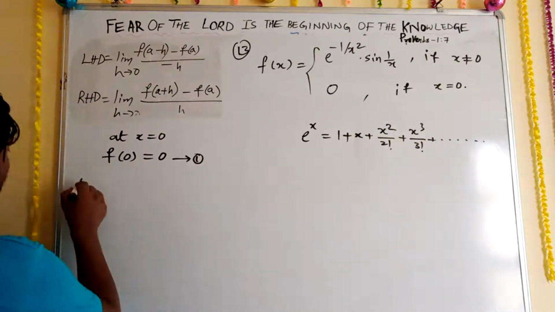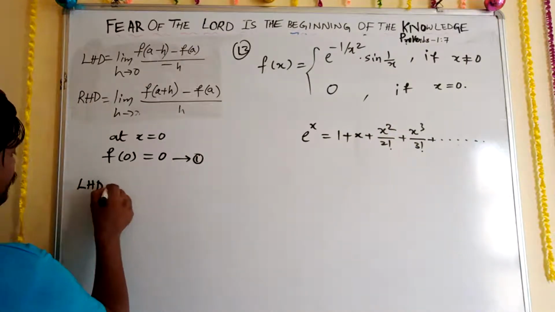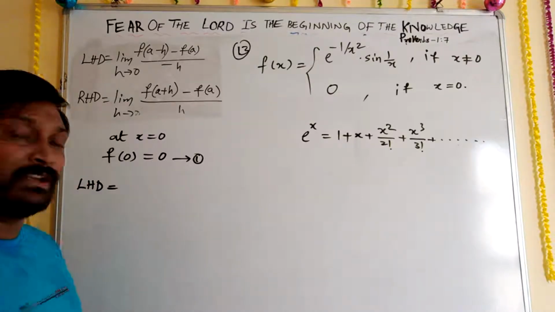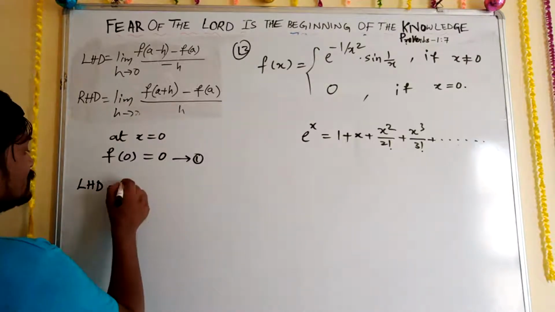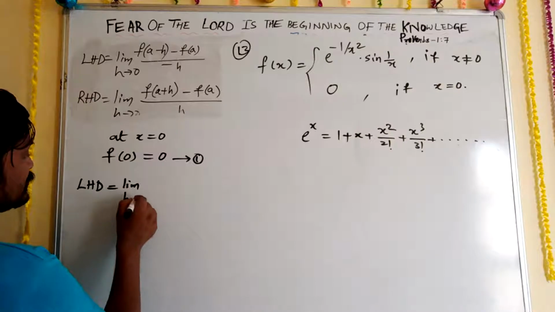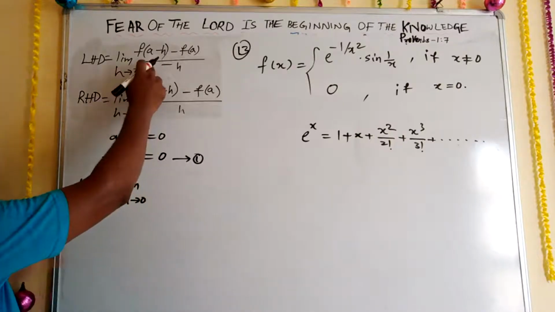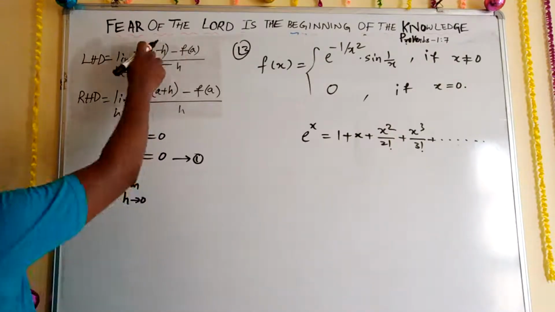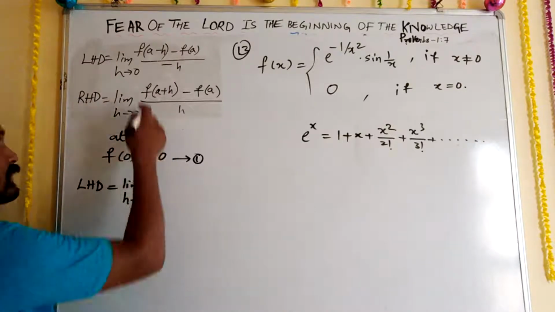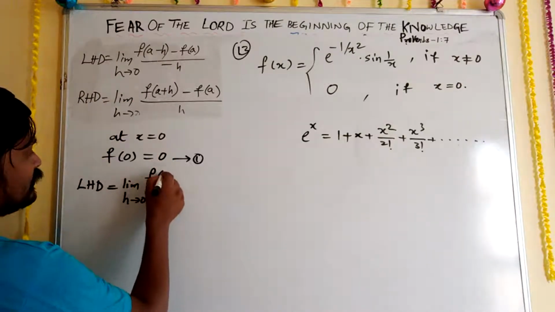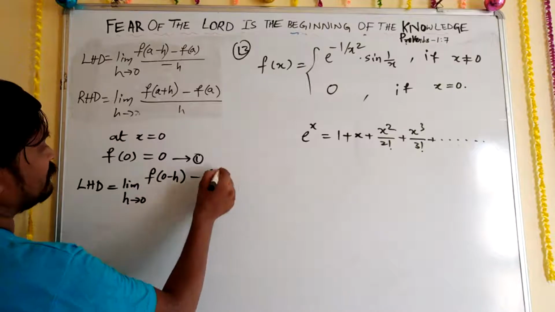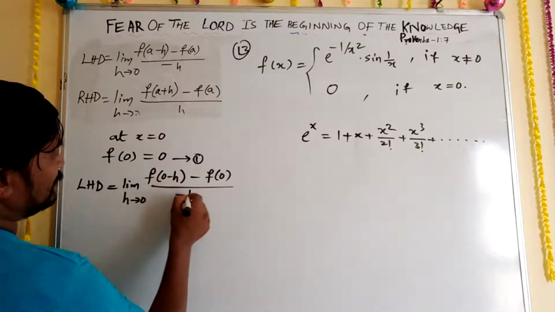Now we go for the left hand derivative. Left hand derivative is limit h tends to 0 of f of a minus h minus f of a upon minus h, and here a is 0. So I can write f of 0 minus h minus f of 0 upon minus h.